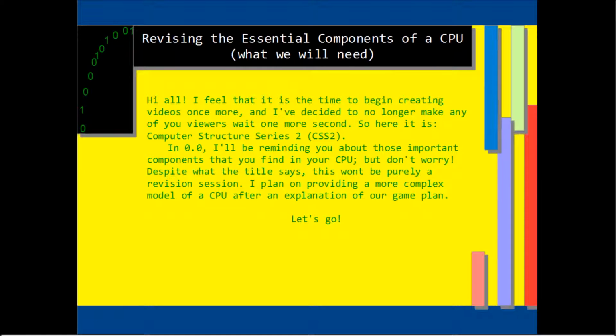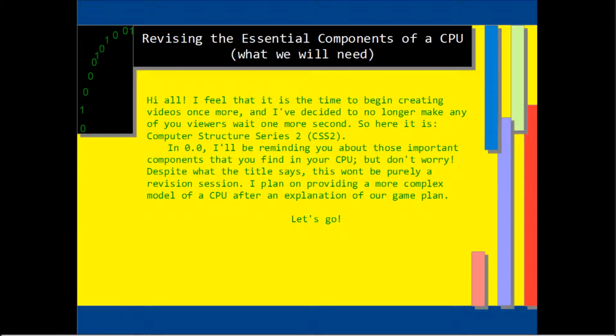Yeah, so I'm actually starting Series 2. CSS2 is what I'm calling it. Computer Structure Series 2, so the second series of Computer Structure. In 0.0, I'm going to remind you about those important components that we talked about in 1.3. Now, I did make a mistake in 1.3.